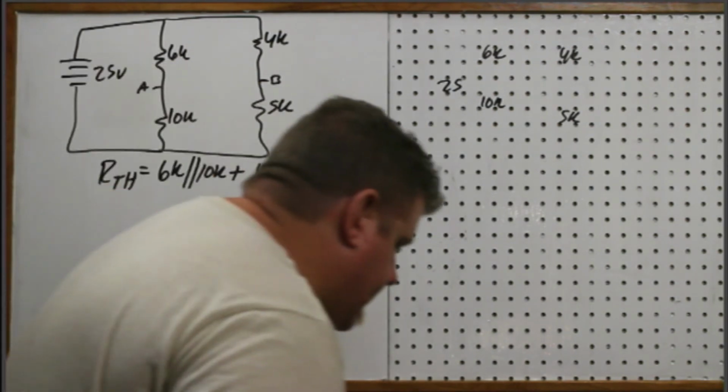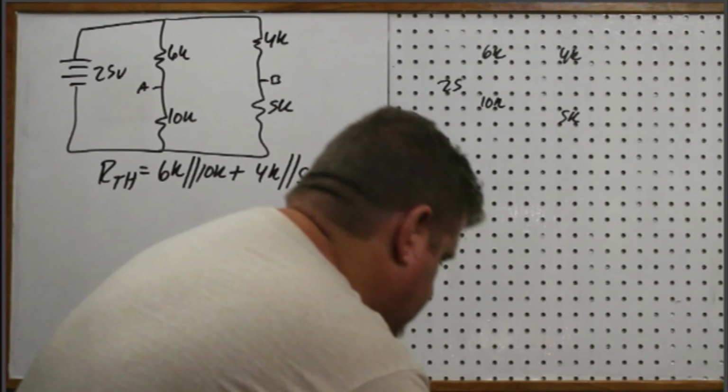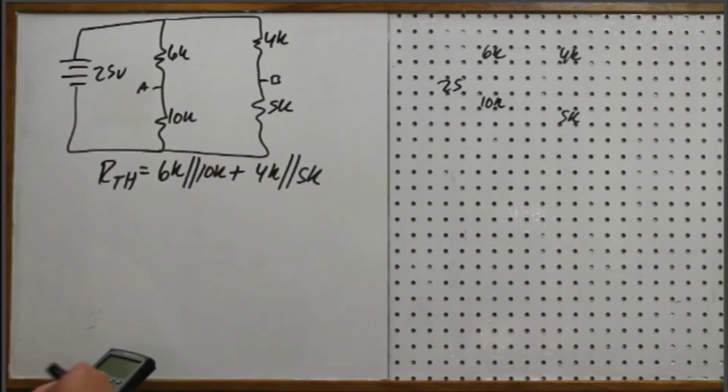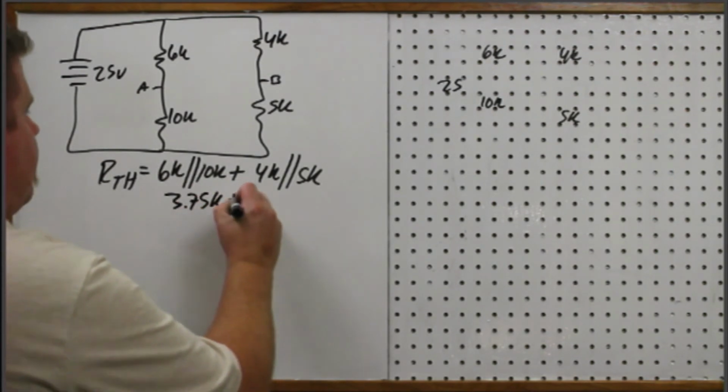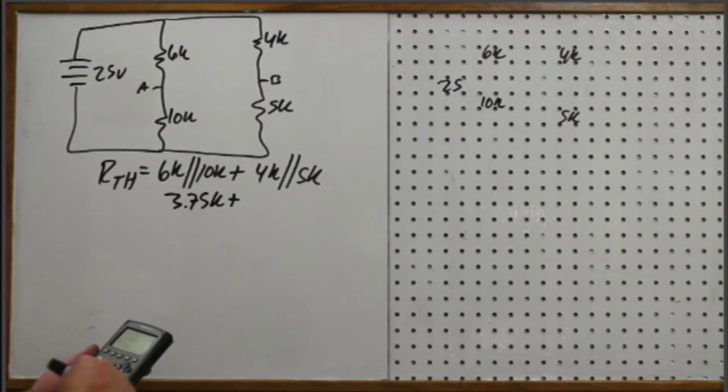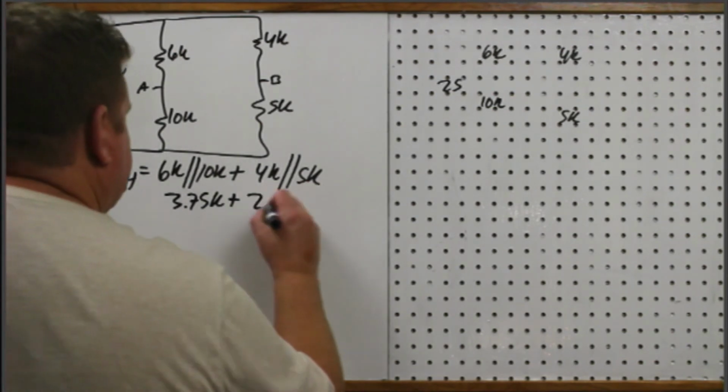So let's do those calculations. One divided by 6 plus 1 divided by 10, take the whole thing to the -1, I get 3.75, okay, plus 1 divided by 4 plus 1 divided by 5 to the -1 gives me 2.22.